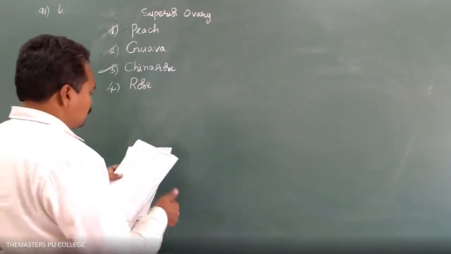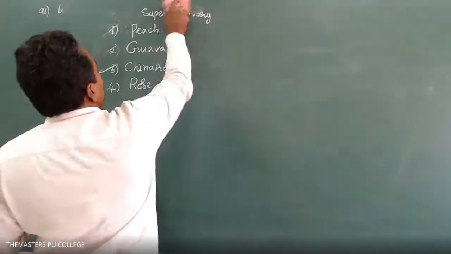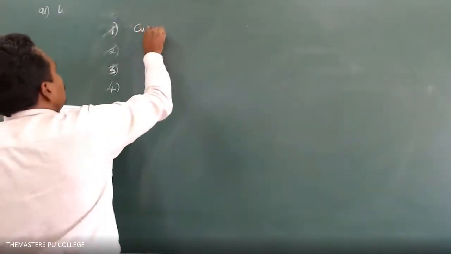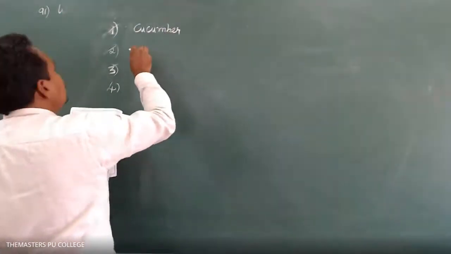Next. Which of the following plants has an epigynous flower? Option 1 is cucumber. Option 2 is brinjal.